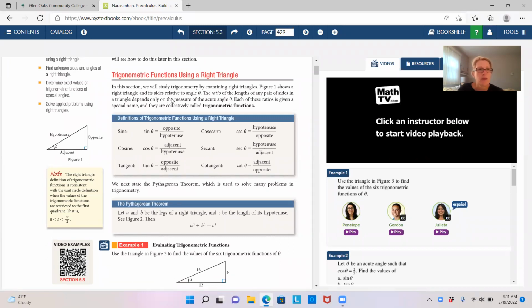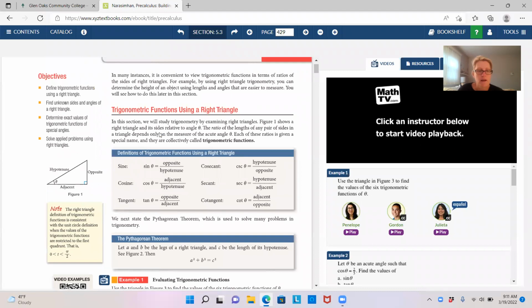So the beginning of 5.3 kind of reminds us of our six trigonometric functions and their ratios and how they're in relationship to each other. So you can see here in the picture on the left, we have our angle. And wherever our angle is, the opposite side of that, we're going to call the opposite. The side next to it is going to be adjacent.